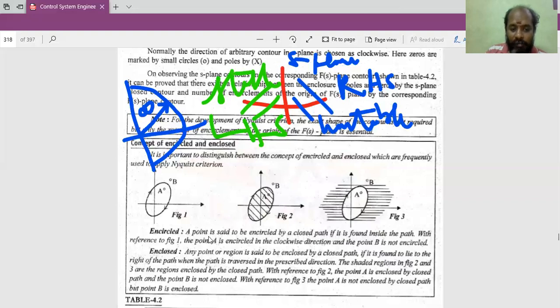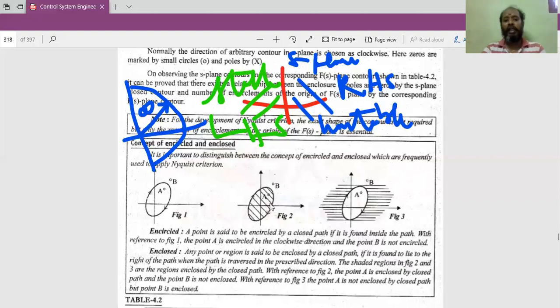Then what is encirclement? A point is said to be encircled by a closed path if it is found inside the path. That is what I am explaining. If a point is inside the path, then you say it is encircled. If a region is found inside the closed path, then you say it is enclosed.